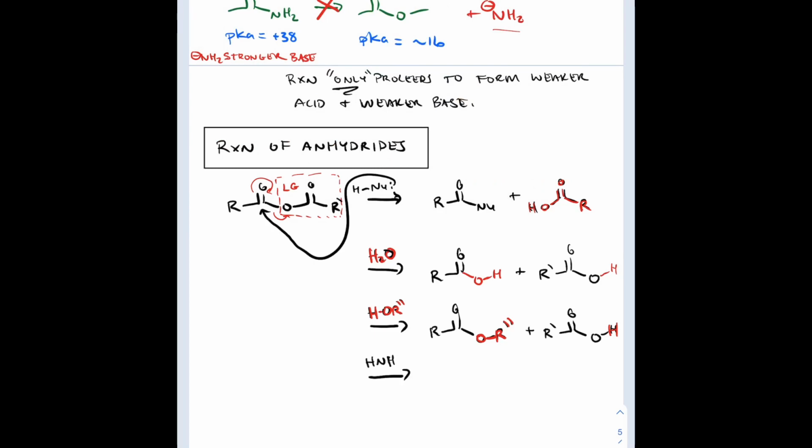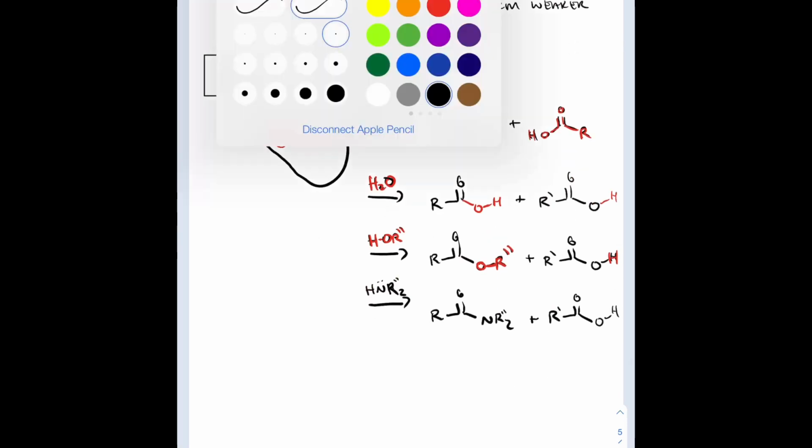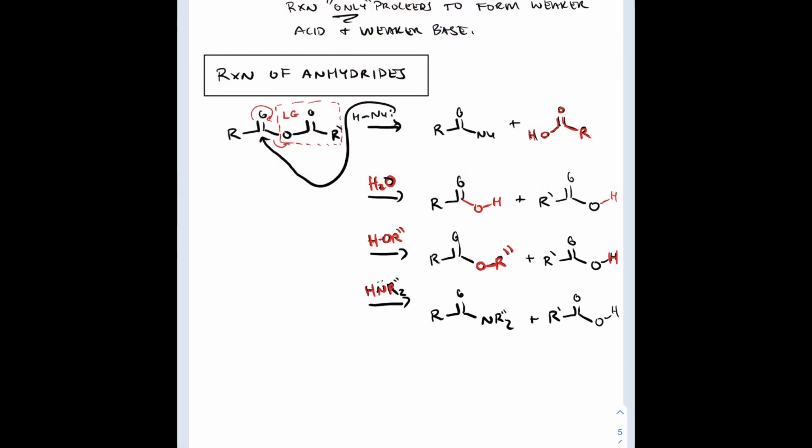So as you can see, the trend here for anhydrides is we have a nucleophile come in and then we lose a carboxylic acid as our leaving group, and then our new acyl substitution occurred as well. So we'll get whatever the rest of that is with the new nucleophile on that carbonyl carbon.